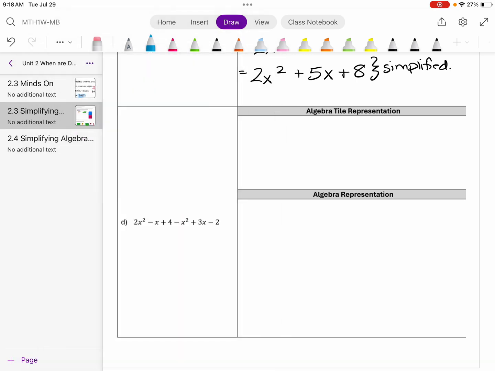Okay, so when I look at this representation, I've got my 2x squared tiles. I've got a -1 tile, so that was a pink one. I've got a plus, oh, no, sorry, minus x, not that one. Minus x plus 4.